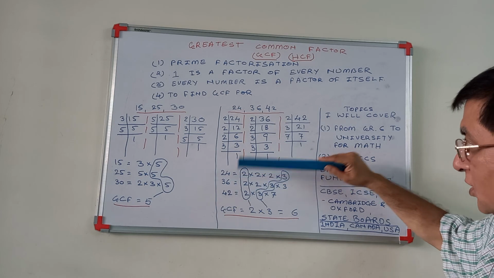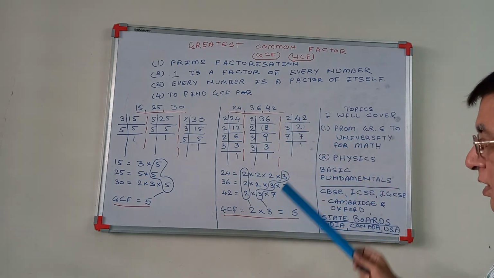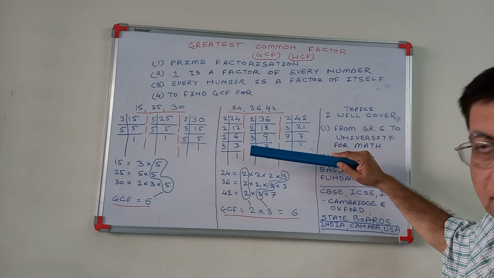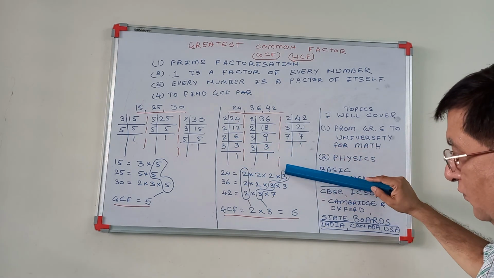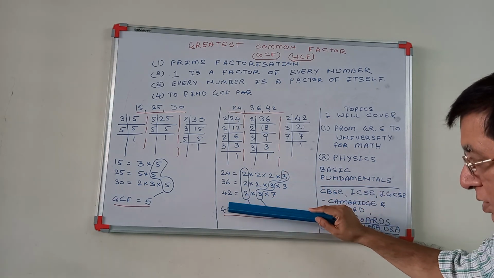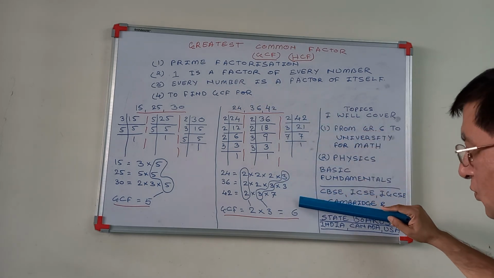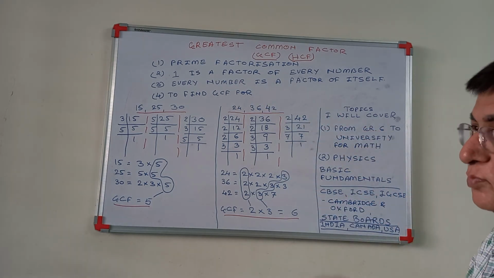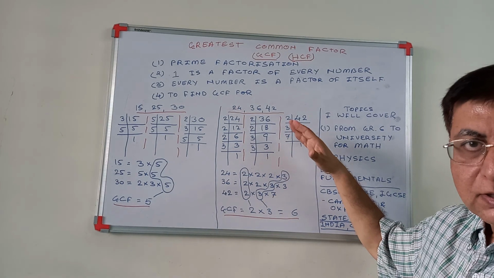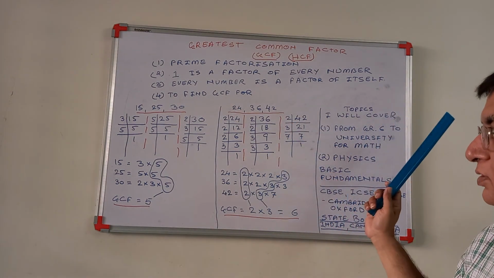And for 42, we get 2 times 3 times 7. Now which factors are common in this? We have 2 common, we have 3 common. So we take 2 from here and we take 3 from here. So my greatest common factor for 24, 36 and 42 is 6. So this is basically how we find the greatest common factor for given numbers. And I hope you have understood this now.